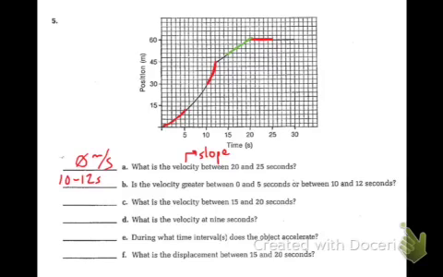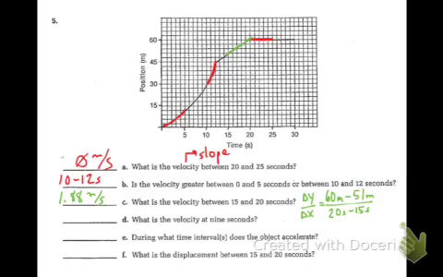You should get 60 meters minus 51 meters over 20 minus 15. That gives you a value of 1.88 meters per second.